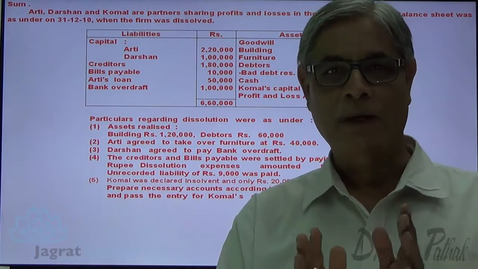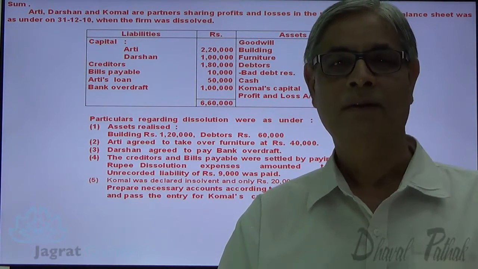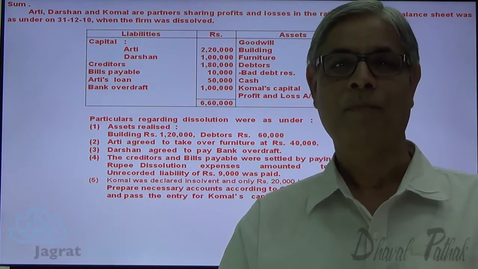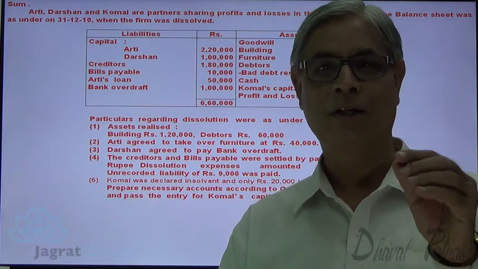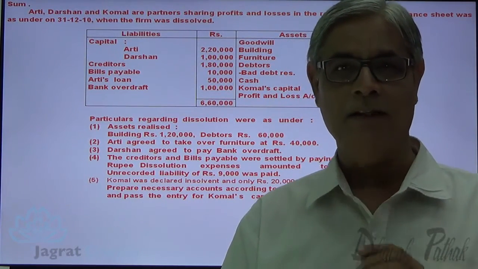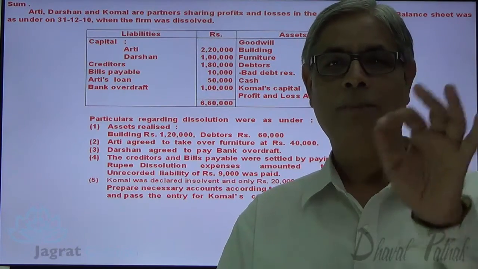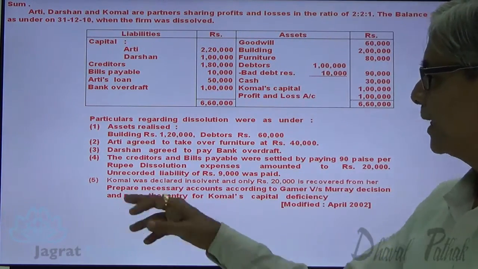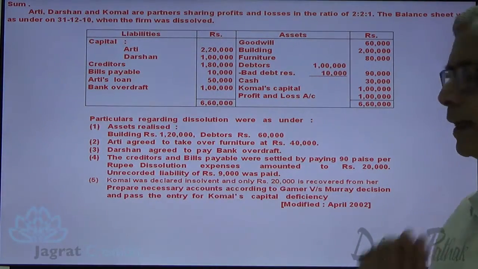We are required to apply the decisions of Garner versus Murray. Now the precondition for application of the decision of Garner versus Murray is that one of the partners should be insolvent. Here we are told that Komal was declared insolvent.